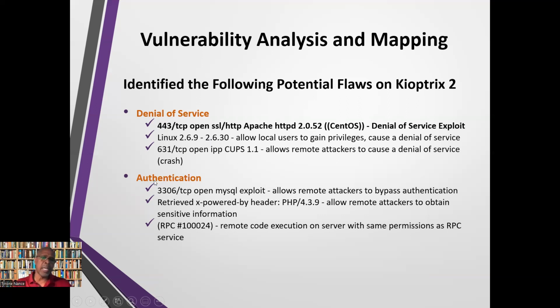And under the authentication category, I confirmed there's a vulnerability associated with port 3306, which is MySQL. There's the X-Powered-By header that we saw in the Nikto scan, and then we have the RPC vulnerability as well. But for the sake of the rest of this presentation, I'm going to focus on the Apache 443 vulnerability. That's why I've bolded this.